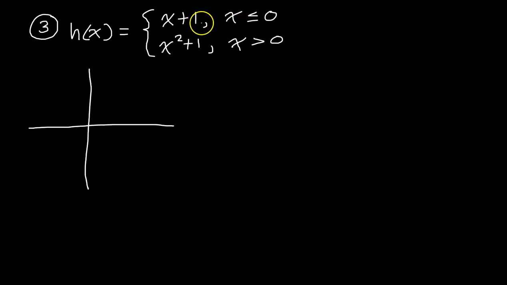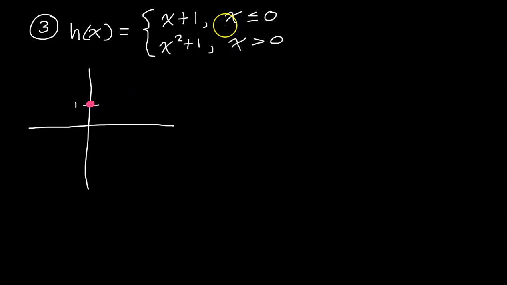Well, if x is 0, then I have 0 plus 1, so the value of the function at 0 will be 1. So I'm going to go ahead and indicate that on my graph. So here is a value of 1, and this will be one point that is on the graph.